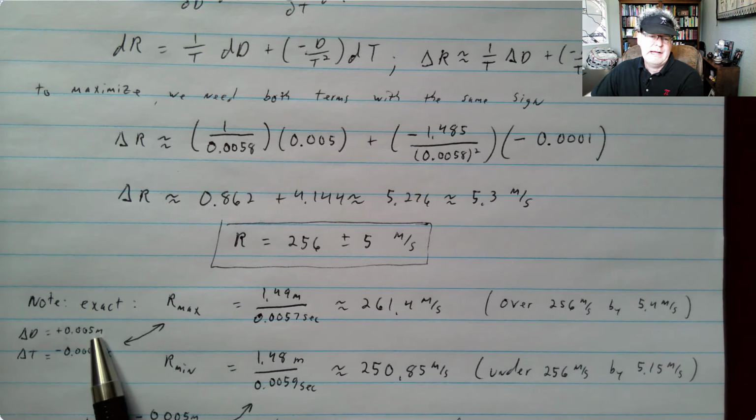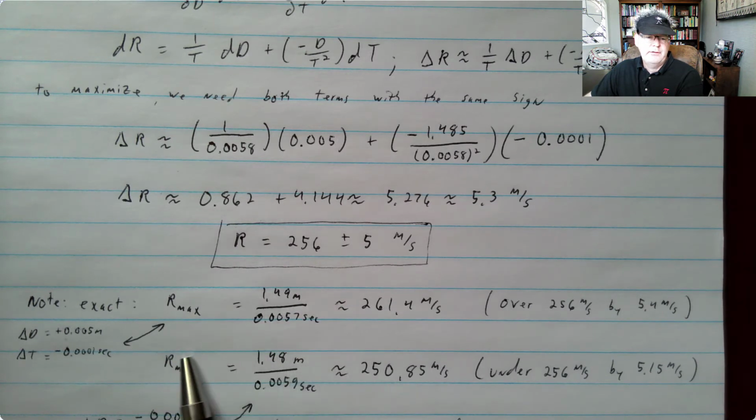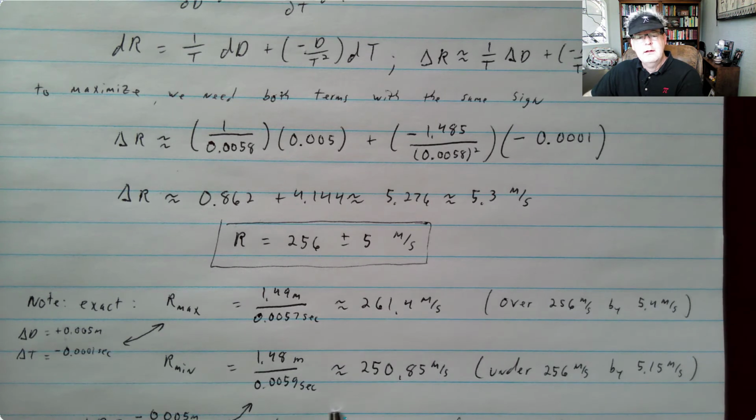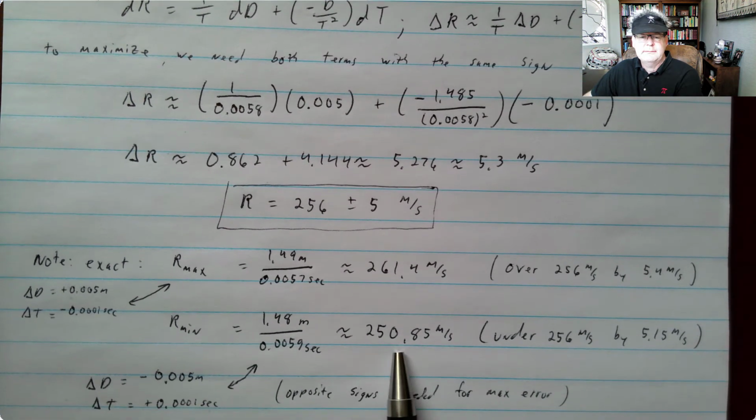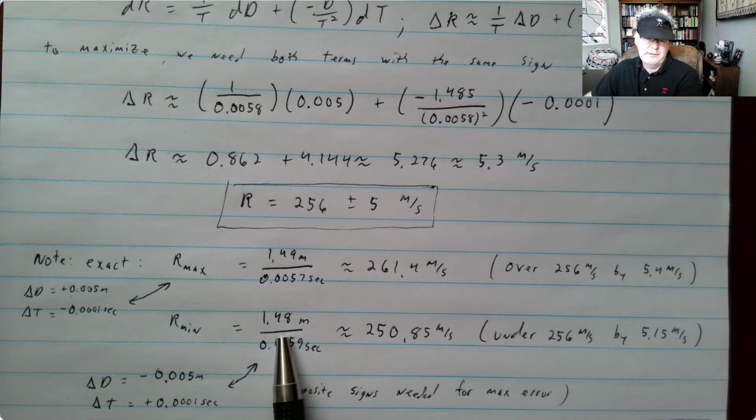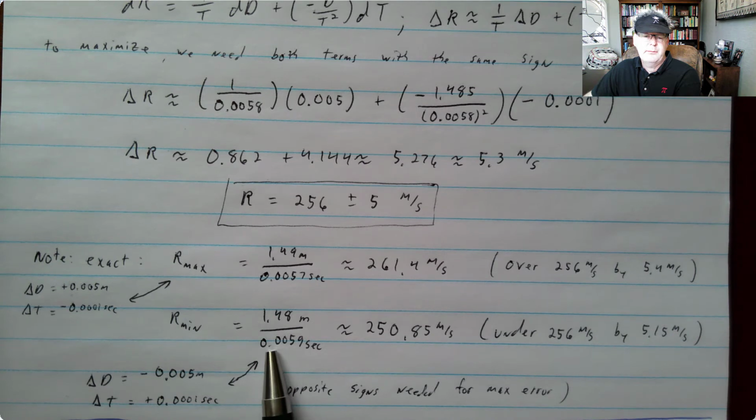Notice that for the maximum r, we used the positive delta d, right? We increased it, but we used the negative delta t, just like I did above. The minimum possible rate would be if the distance was minimized but the time was maximized. So the minimum distance it could have been was 148 centimeters, and the maximum time would have been that.